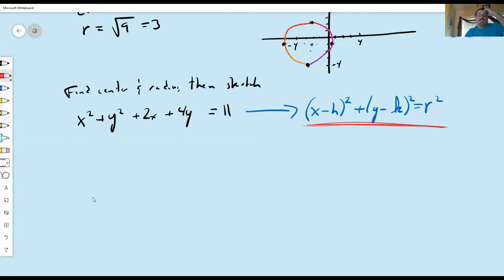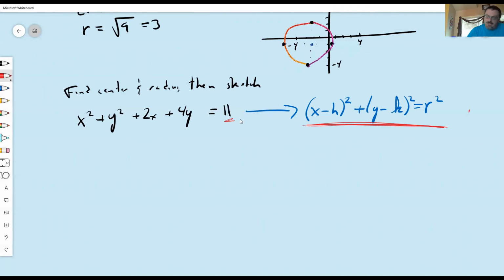Now, if you recall, when we were completing the square, before we did it, we wanted the x squared and x term together. Well, here we're going to do kind of the same thing. Note the x terms and the y terms are all on the left side. So I'm going to keep everything with a variable on the left side and everything without a variable on the right side. In this case, the 11 is already on the right side, so we don't need to move it.